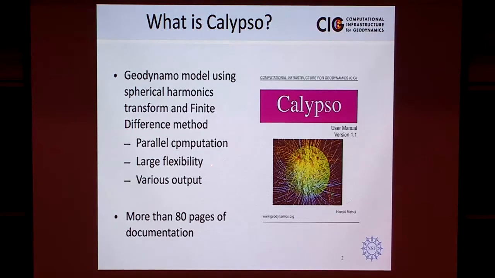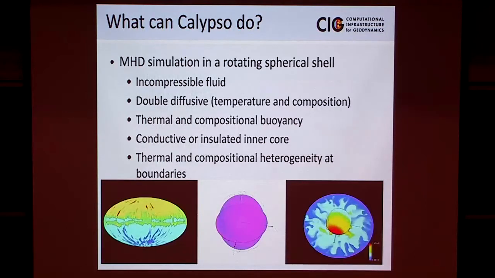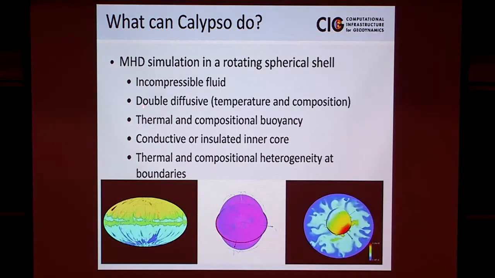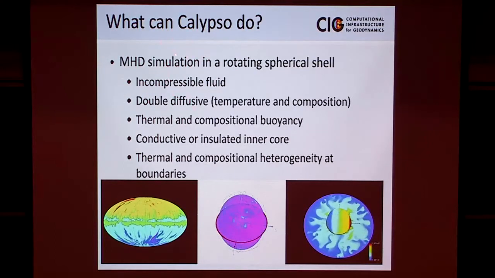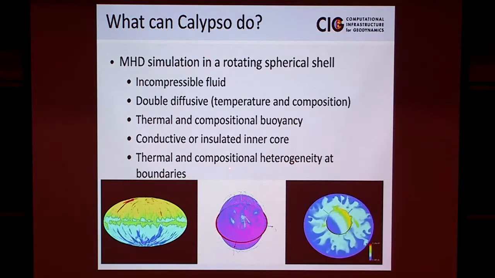It has large flexibility for the parameterization, and it also has a capability for various kinds of output, and it also has very, very big documents. And the question is, what can Calypso do? It's a magnetohydrodynamics simulation in a rotating spherical shell.